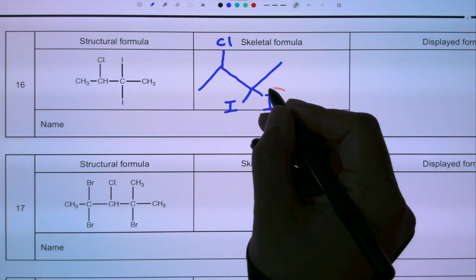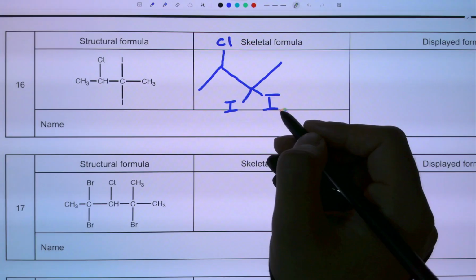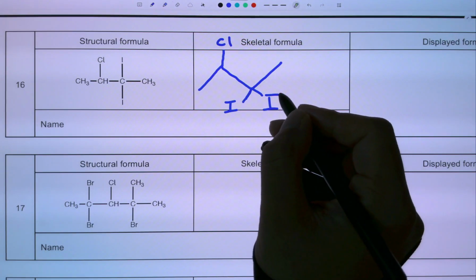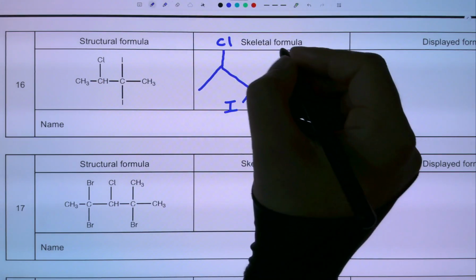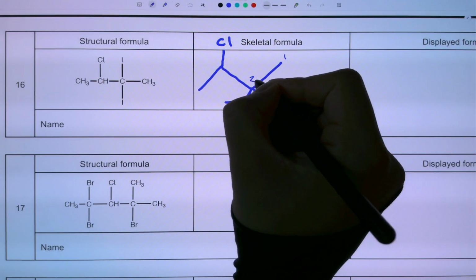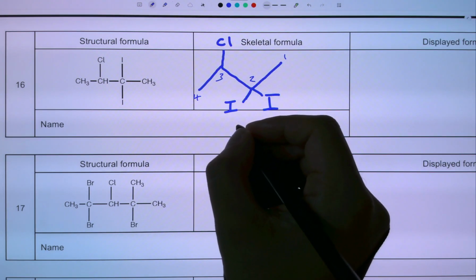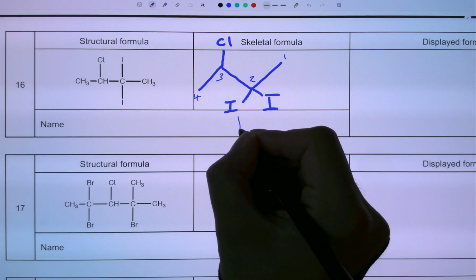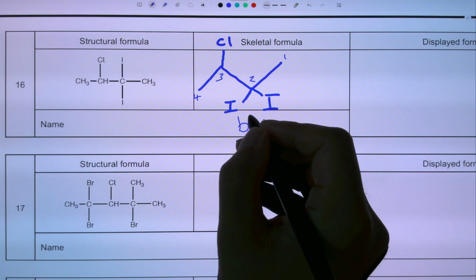Well, iodo is heavier than chlorine, so it's given priority, but not only that, we have 2 iodos. So the numbering system would in fact go 1, 2, 3, 4. So we have a 4 carbon chain, but. This is an alkane, so it's butane.